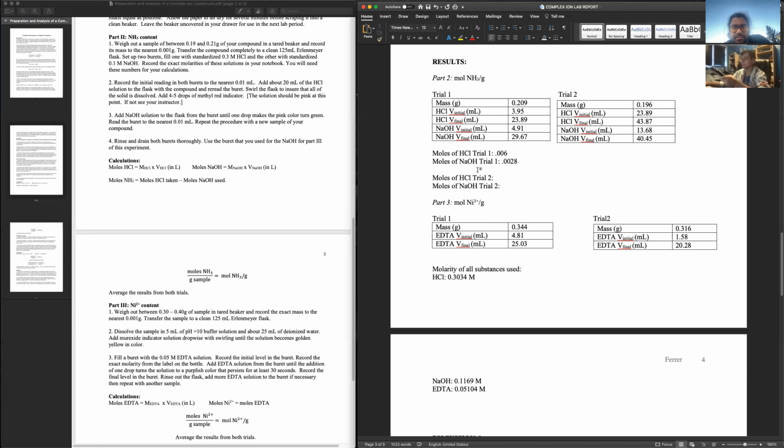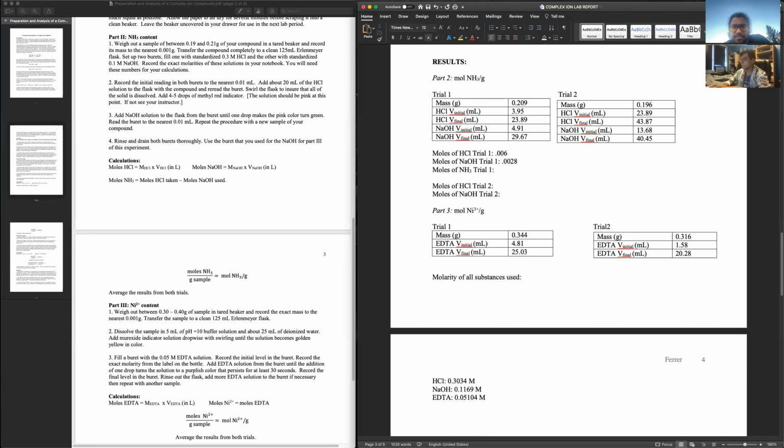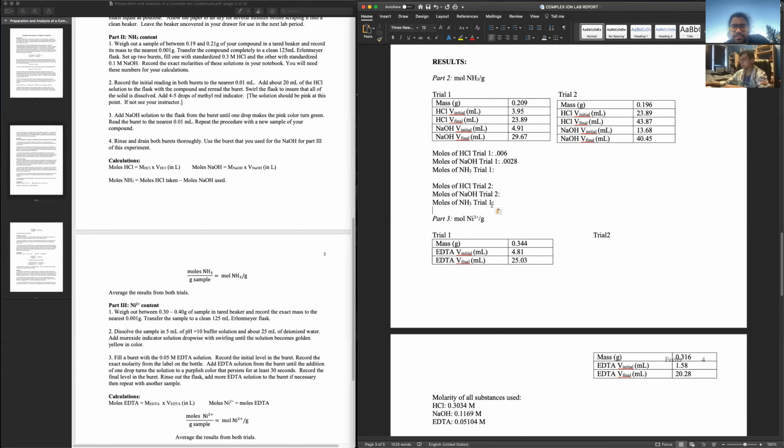So then it's moles of NH3 for trial 1, okay. And I get 0.0032.